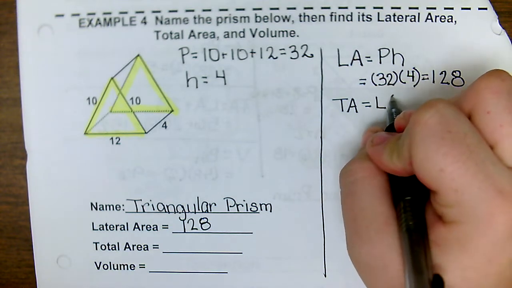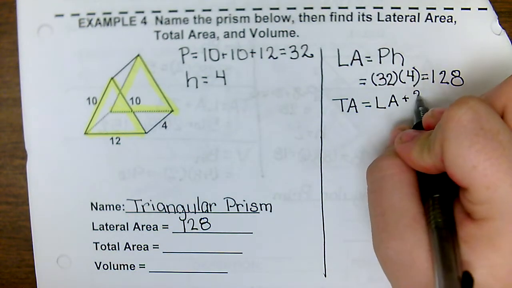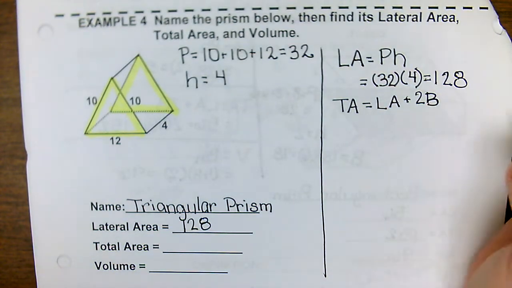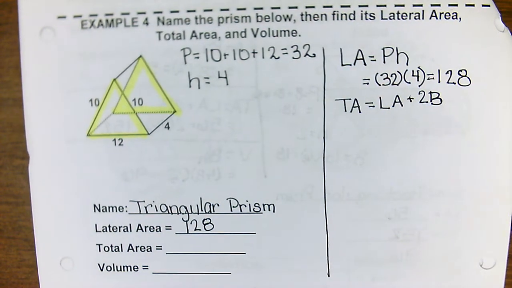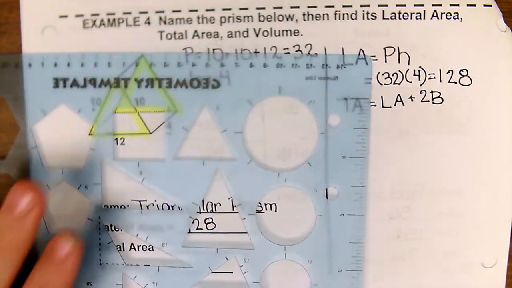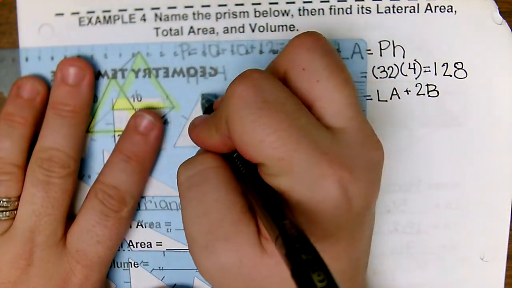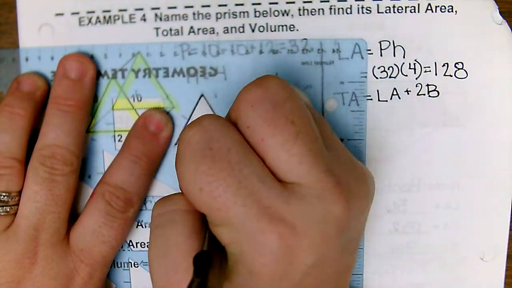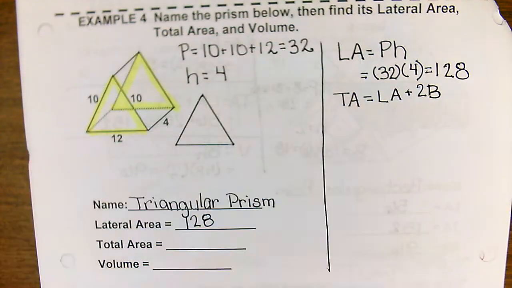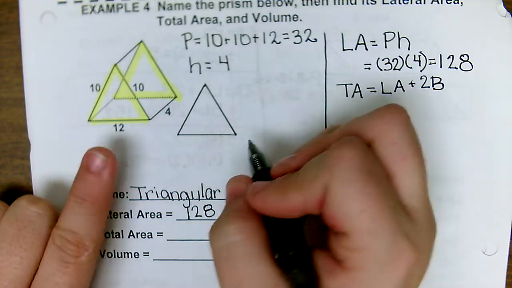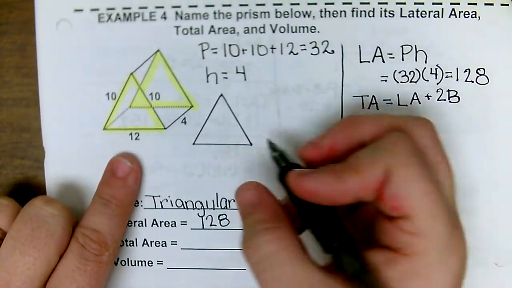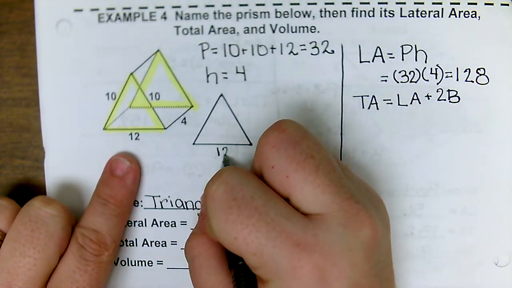Total area is lateral area plus 2 times big B. Okay, so this is where things are a little tricky. So I'm going to draw out my triangle real quick. So that's my base. And my base is, well, it's not an equilateral, sorry.